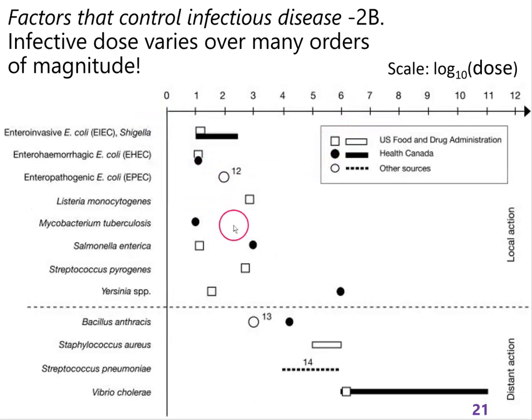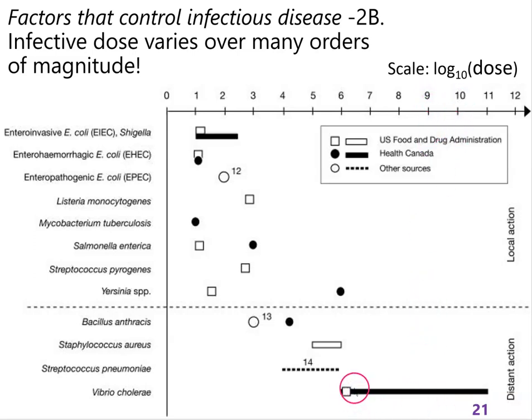Here is a figure showing estimates of infective dose for different pathogens. It's a logarithmic scale, so you're looking at the powers of 10 here: 10 to the 6th power, 10 to the 7th, 10 to the 8th. Vibrio cholerae is kind of famous because some strains of it have a very high infective dose. Somebody who gets cholera has to have ingested 1 billion of the cells or 10 billion of the cells.